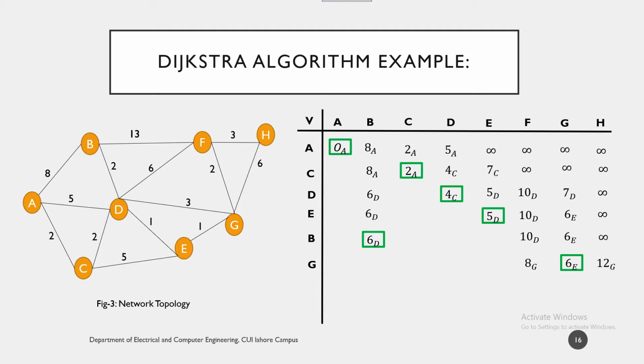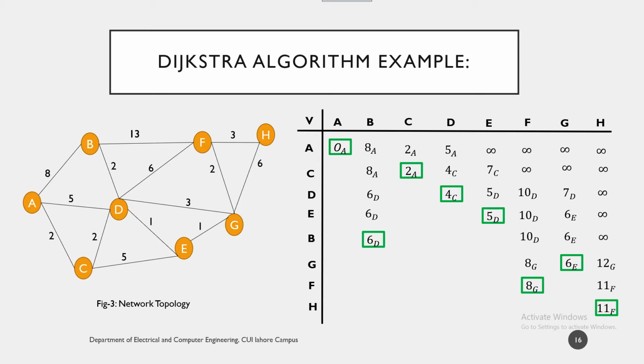We have two values now and the smallest one is 8G. We have fixed it. F is connected with H with a distance of 3, so 8 plus 3 makes it 11, which is less than 12, and we rewrite it and change the subscript from G to F. Again, this is the only value, so we write it down here.